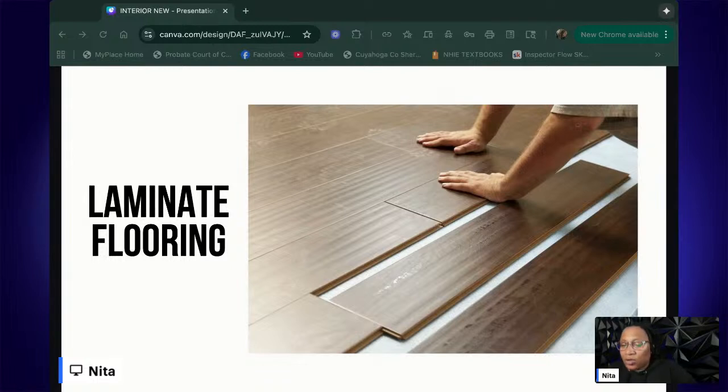So when you're inspecting it, are you seeing any buckling of the boards? That could be from moisture. If the boards are separating, if there's too large of a gap, if the planks are loose, all of that kind of stuff is what you are going to be looking for.